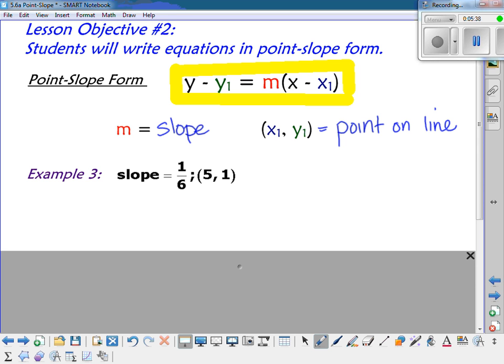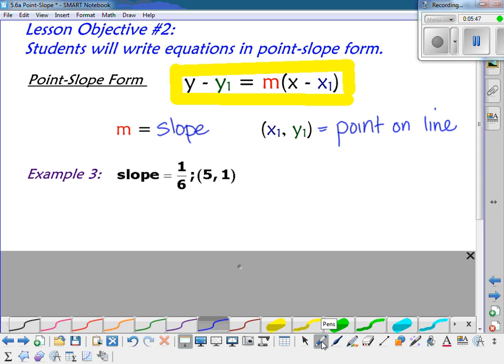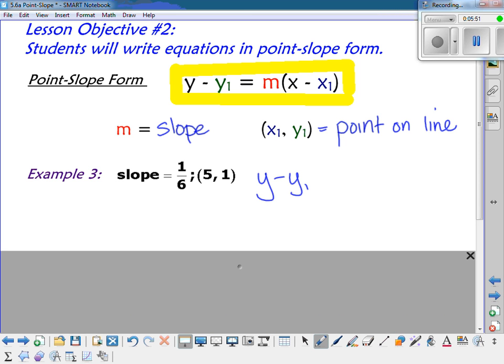So for example, if I'm given a slope of 1/6 and a point 5,1, I'm going to use my equation y minus y sub 1 equals m times x minus x sub 1. So my slope is m, it's 1/6. And what's the x coordinate of the point they gave me? It's 5, so x sub 1 is 5.